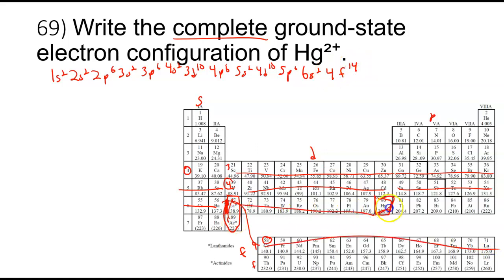And then you come back to mercury, and that is a mess. 5d10. So if you got this one wrong, it's because you forgot to go to f, right? It's because there's a jump here. And again, it depends on your periodic table. So some have the jump right here, which is where it should be. The one I chose, unfortunately, has the jump in the next place. But the one you have for your quizzes and exams has it in the correct place.